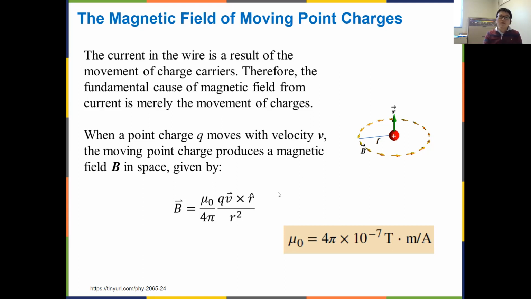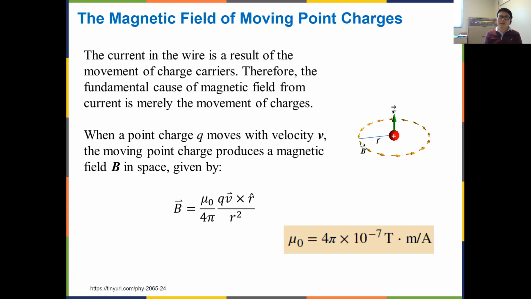Where this mu naught is the constant equal to 4 pi times 10 to the minus 7 Tesla times meters over amperes. So that's the magnetic field produced by a charged particle.